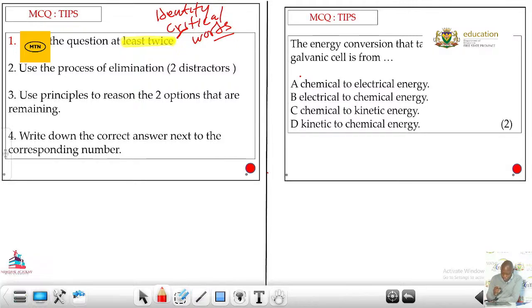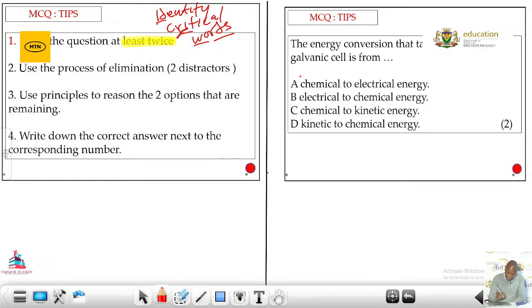Reading it twice is to identify critical words, because we end up being lost in terms of the wording that the examiners use when explaining or assessing different concepts in multiple choice. So preferably read it twice, such that you look for these critical words.